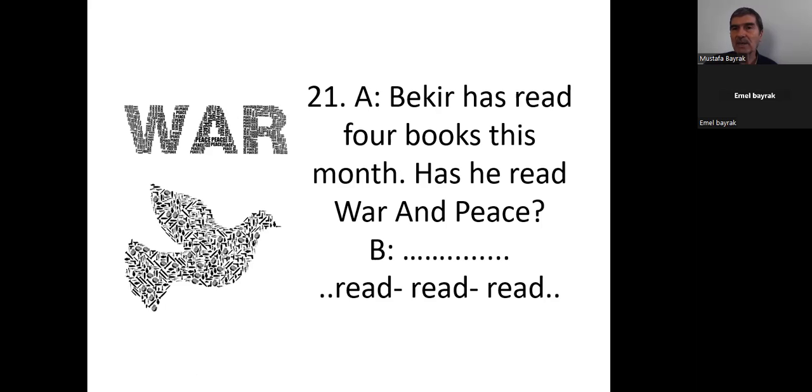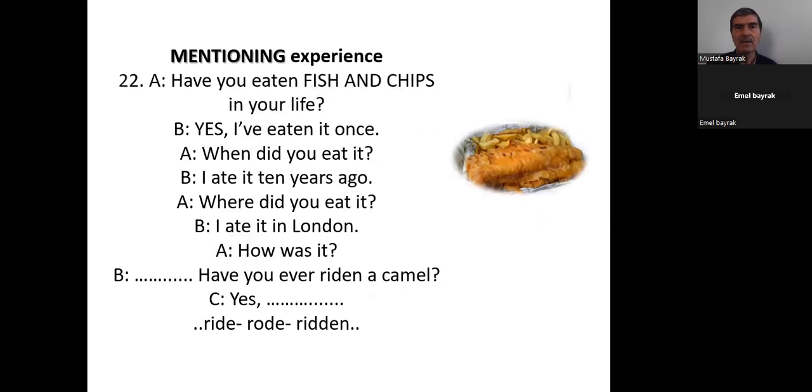So Bekir has read 4 books this month. Has he read War and Peace? Yes, he has also read War and Peace. Or no, he hasn't. No, he hasn't read War and Peace yet. But he will, for example. Mentioning experience.